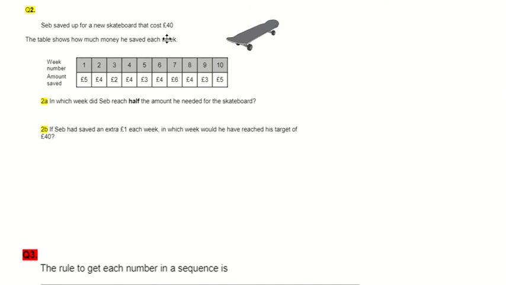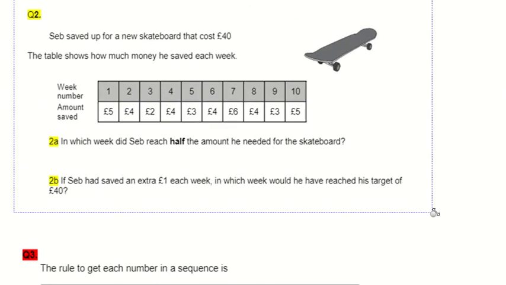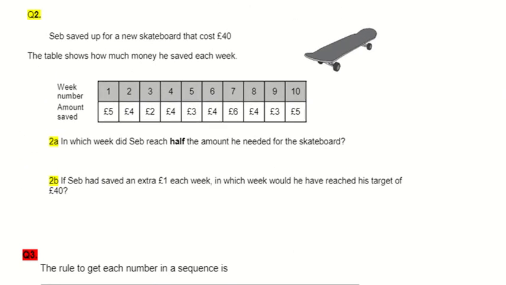Okay, question number 2 then. There's quite a lot of information in this one, so I'm going to underline. I might do a jotting if I need to, or drawing, and then I can calculate. So, Seb saved up for a new skateboard that costs £40. The table shows how much money he saved each week. So we've got the week number at the top and the amount saved.